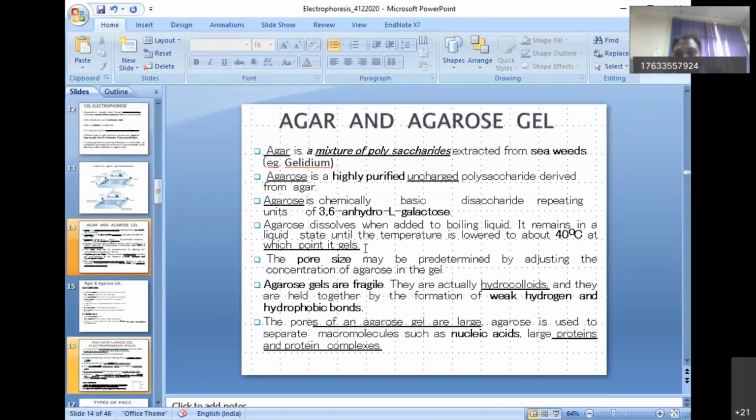When it cools, the gel will be cast. And the concentration of the gel depends on your experiments. So if your fragment size is very high, your concentration of the gel should be less actually. So it is proportional.